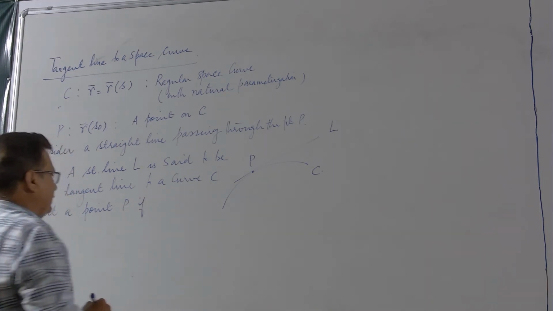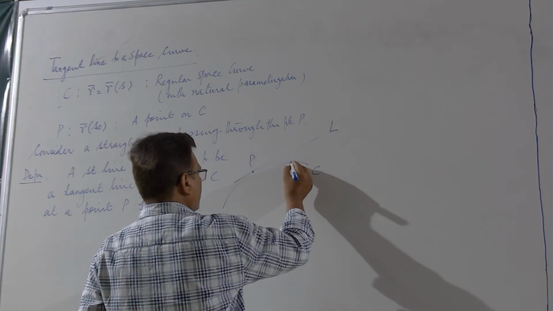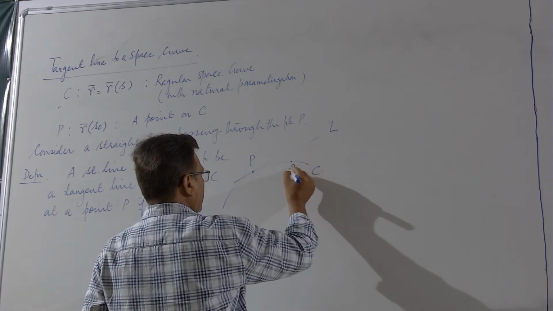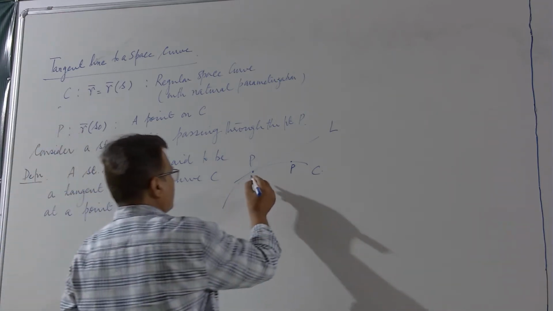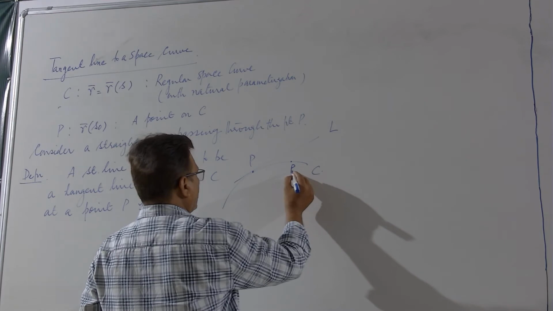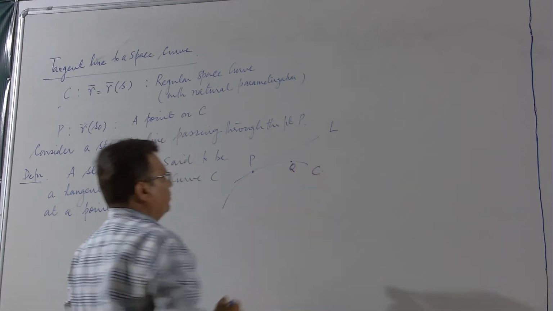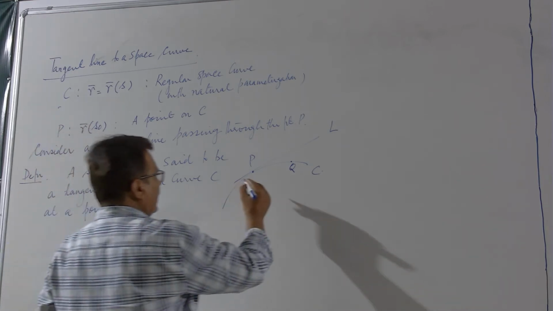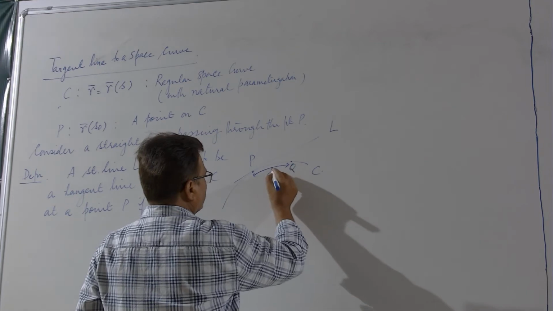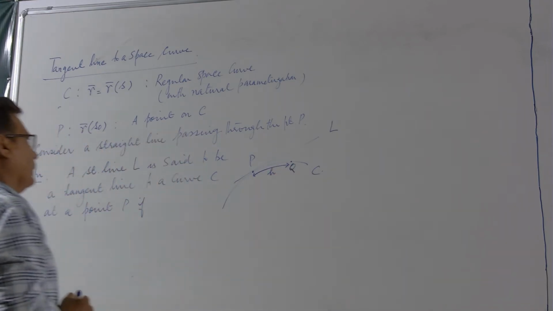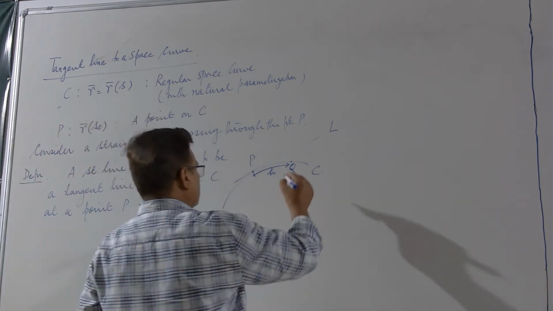Now, once again, I will choose some point P over here, and suppose Q is some neighboring point of P, and the arc distance from P to Q is h.